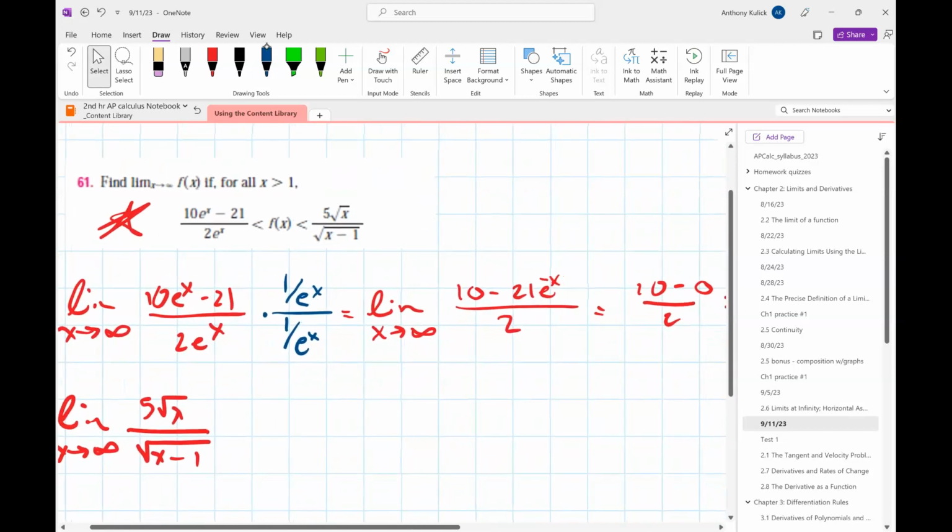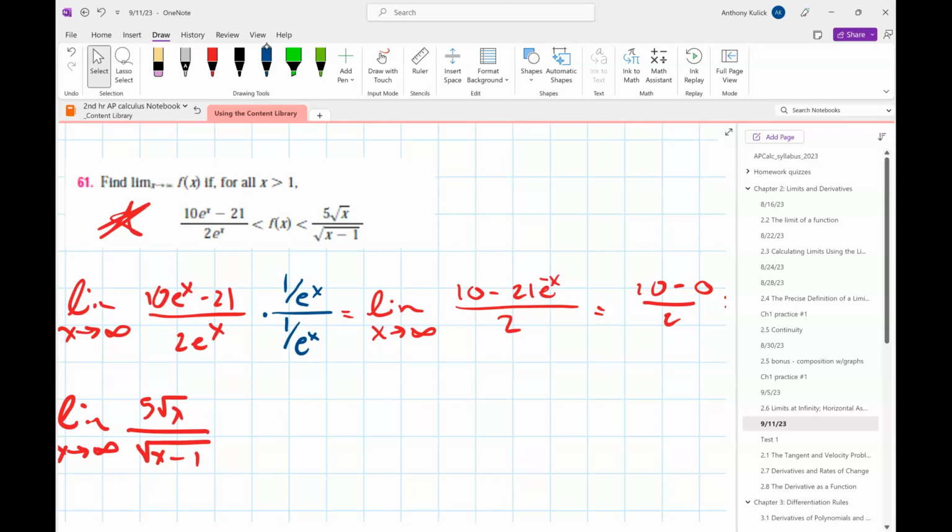And how about, yes, Isabel? So when you're multiplying by 1 over e to the x or 1 over x, a certain exponent, do you usually use the exponent of the denominator, the highest? What you don't want is you don't want the denominator to go to 0. In this case, with the denominator as a monomial, I don't really have to worry about that.